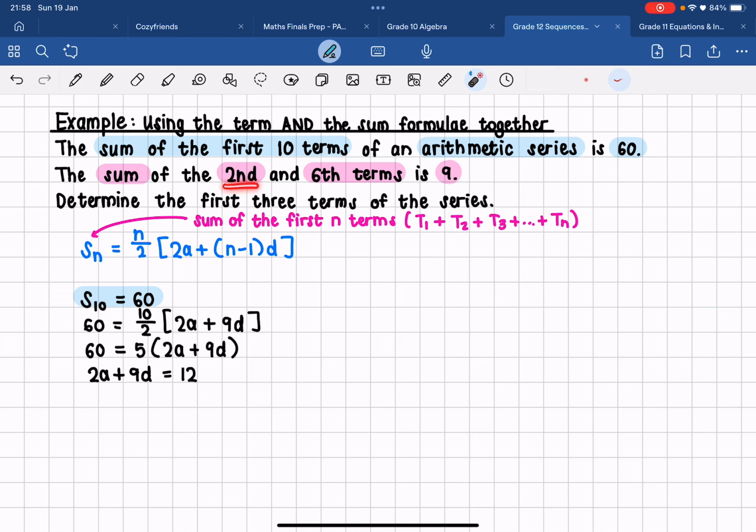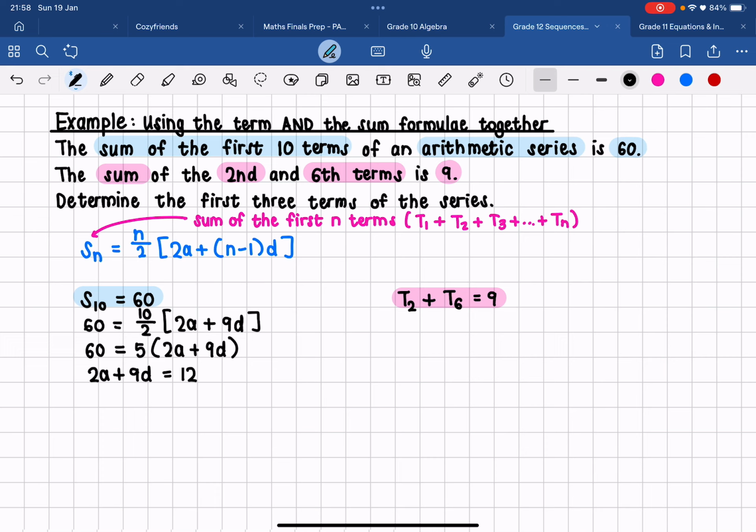Here we only have 2 specific terms that we are adding up. We're adding up term 2, and then we are adding term 6. So we have term 2 plus term 6, which is equal to 9. That is the pink information that I have now rewritten, instead of using words, using symbols.